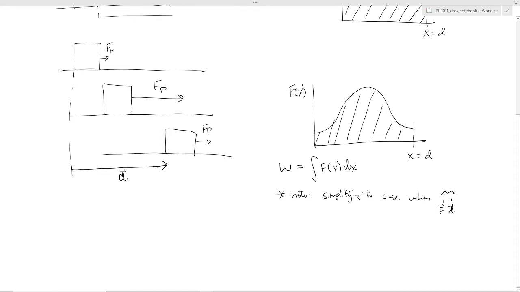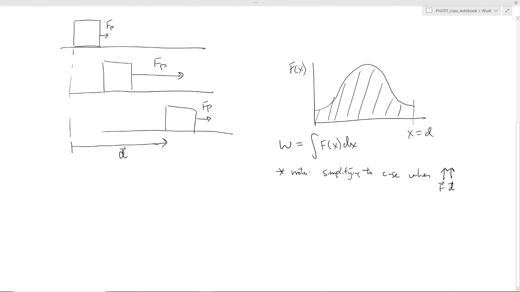So probably the most common force that we would deal with in this way that changes with x or with displacement is one that we encountered in lab, and that is the spring force. So, common example, spring force.